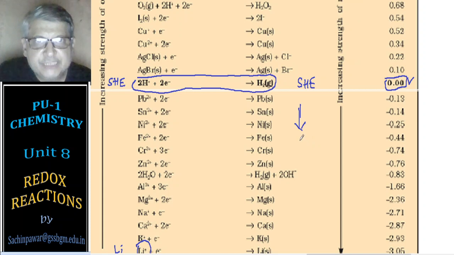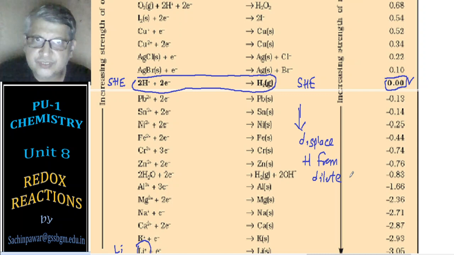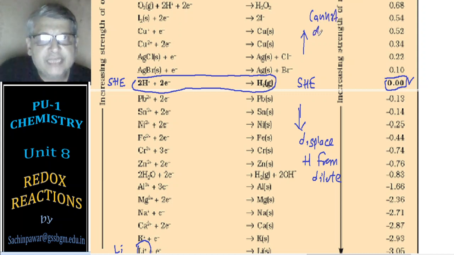These can easily displace hydrogen from dilute acids. For examples you can look into my previous videos. Whereas those which are above cannot displace hydrogen from dilute acids.